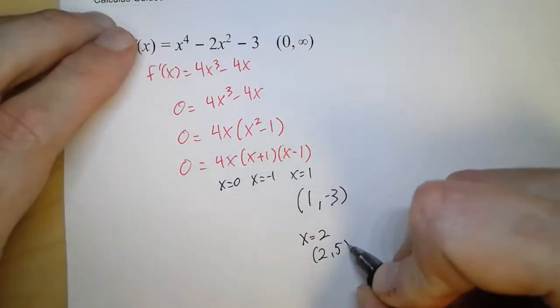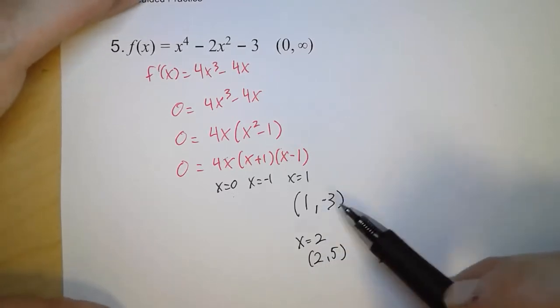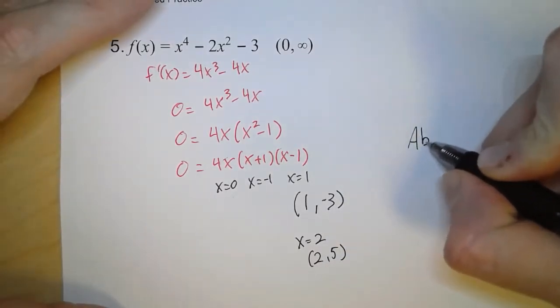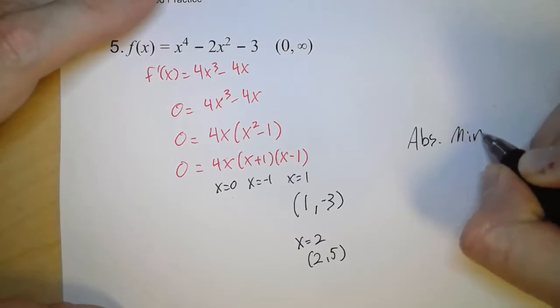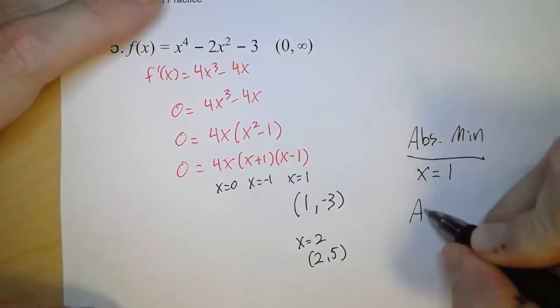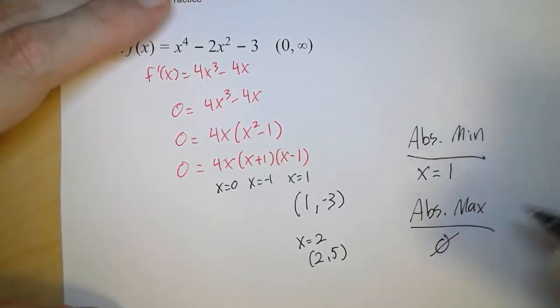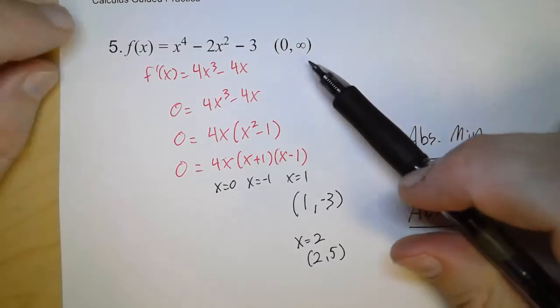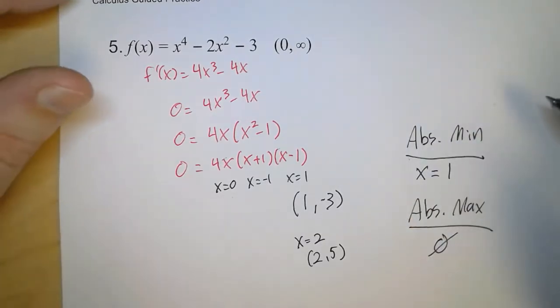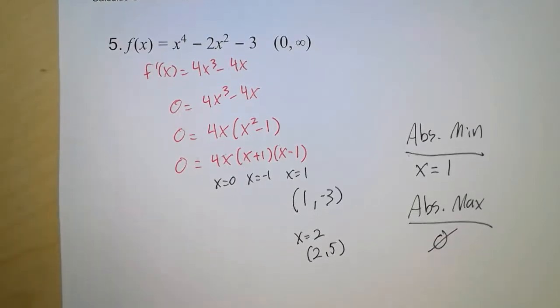So that gives us a value of 5. So that means that all points should be above this point, which means this is an absolute minimum at x equals 1. And as far as an absolute maximum is concerned, there is none, because the function is going to keep growing forever onto infinity, and so it's impossible for it to have a maximum on this interval.